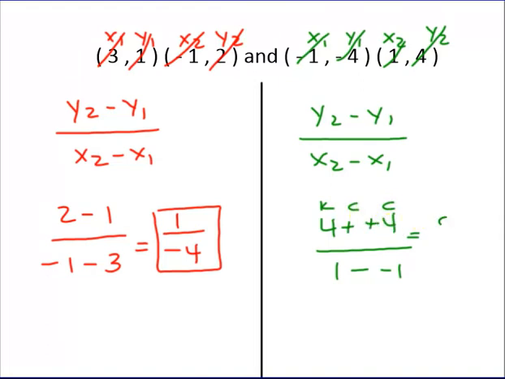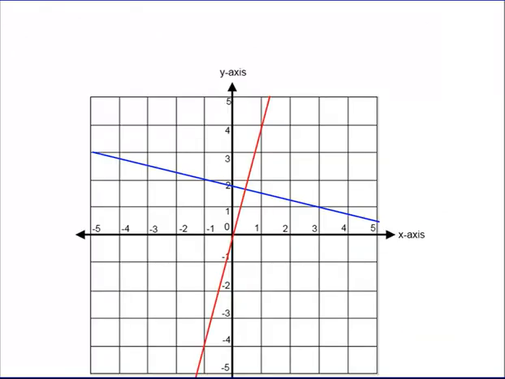So that's going to be 8 over. Then we have keep, change, change down here. Keep the 1, change minus to plus, change negative 1 to positive 1. And so that's going to be 2. So positive divided by a positive is a positive, and 8 over 2 is 4. So first of all, the reciprocal of 1 over 4 is 4, and then the opposite sign is positive. So these are reciprocals of each other. And this is what the graph would look like.